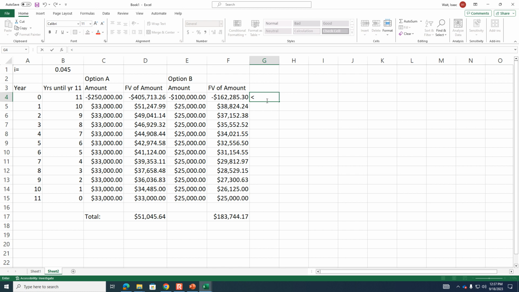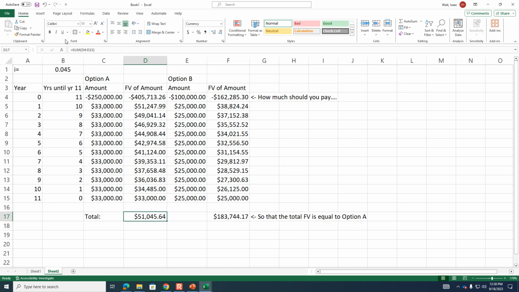In this problem, it's asking how much should you pay so that the total future value is equal to option A. Option A was $51,045. Right now we want to find out how much should you pay.